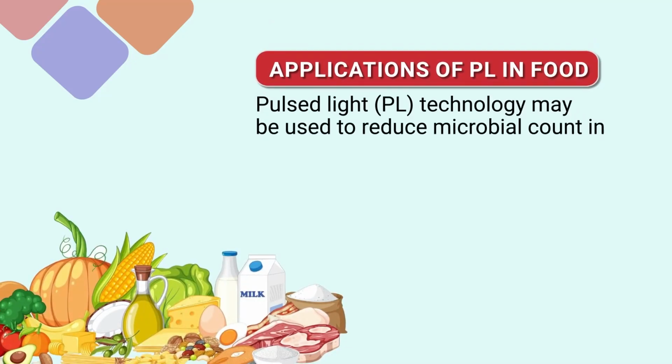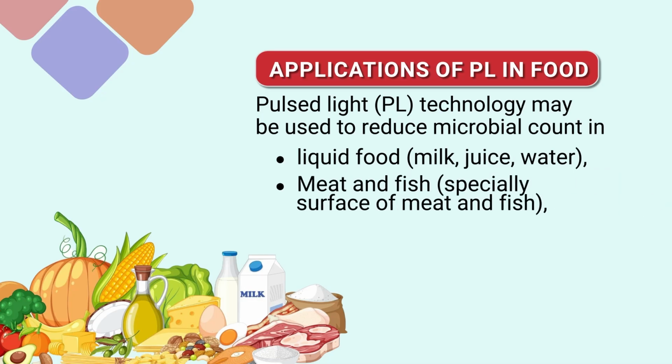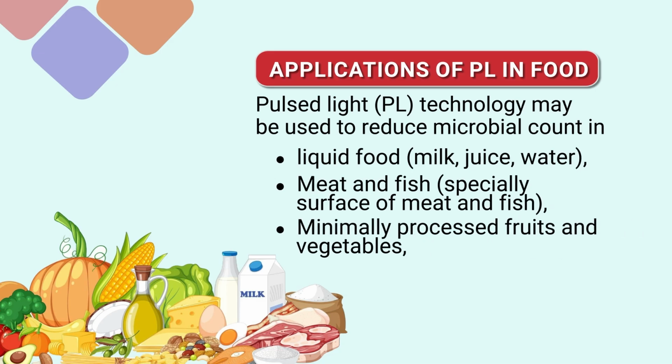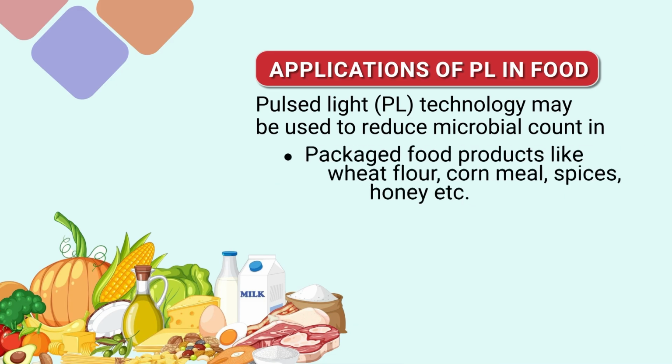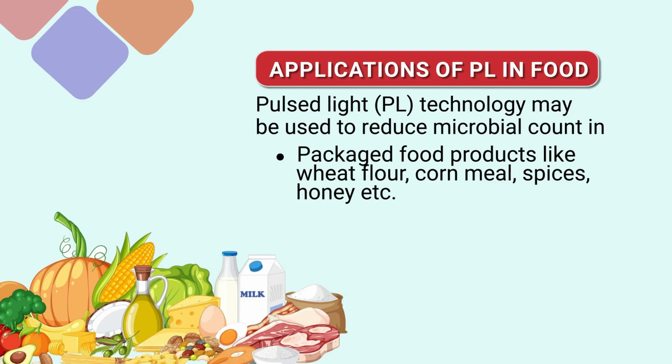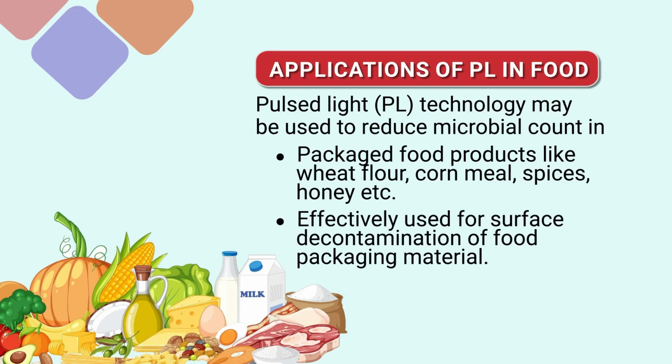In terms of application, pulsed light can be applied mainly to liquid foods, like milk, juice, water, and also meat and fish. Here only surface inactivation can be targeted. Minimally processed fruits and vegetables could also be an area of application. Packaged food products like wheat flour and corn meal are another example.